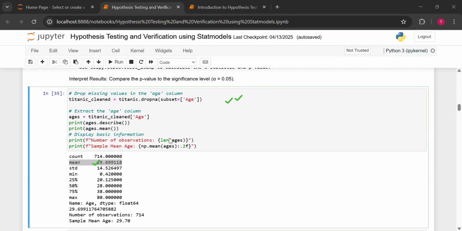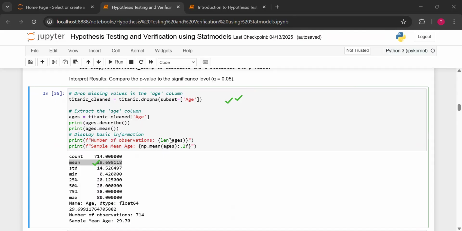We can only say that when we use the one sample t-test, because with descriptive statistics we cannot generalize or say whether there is a significant difference. That's the main reason we cannot just say that because one is 40 and one is 29, it is significant. A difference of even one can be very significant, or even less than one, depending on what you are measuring.